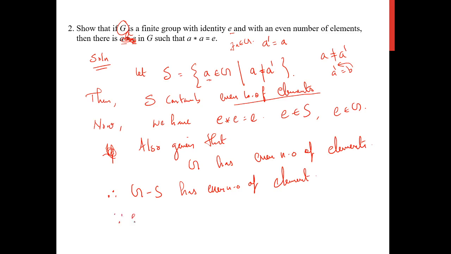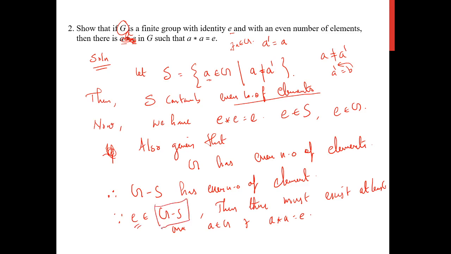Since E belongs to G minus S, there must exist at least one A belongs to G such that A star A equal to E, because E belongs to G minus S. So one element is in G minus S and that is E. Therefore, it's not E alone.